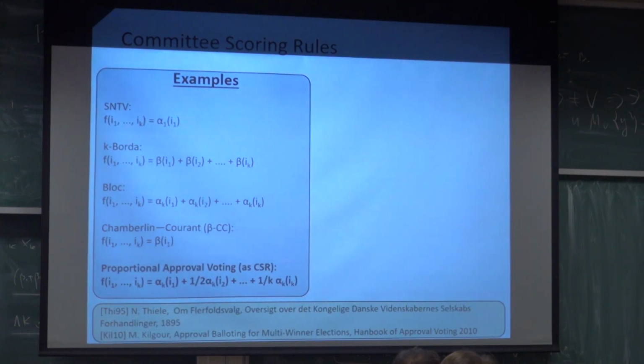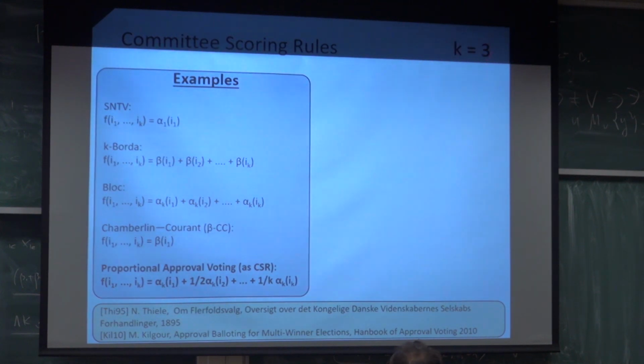Another rule is called proportional approval voting. Here we're using K approval as the score. We also were using K approval in block. The difference is that you get the full K approval score for your top ranked committee member, but only half of this score for the next one, 1/3 for the next one, and it decreases harmonically.